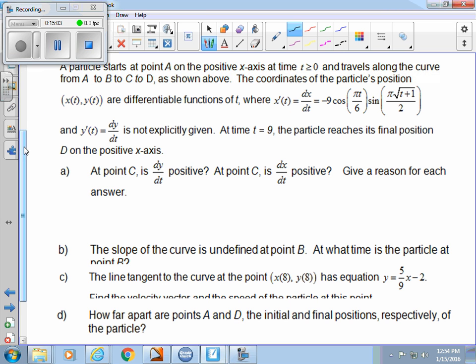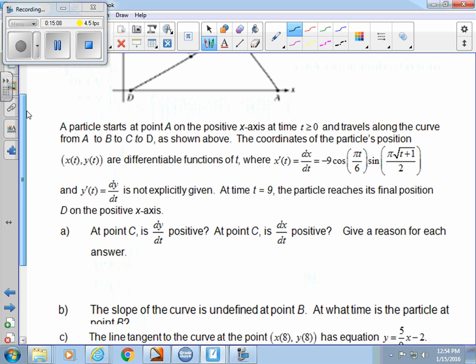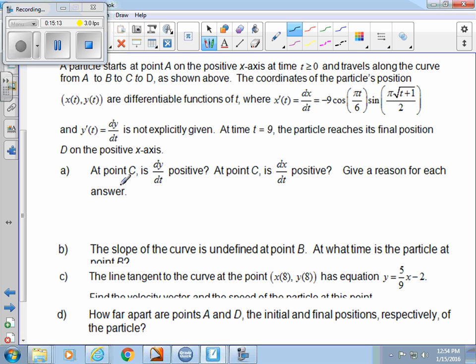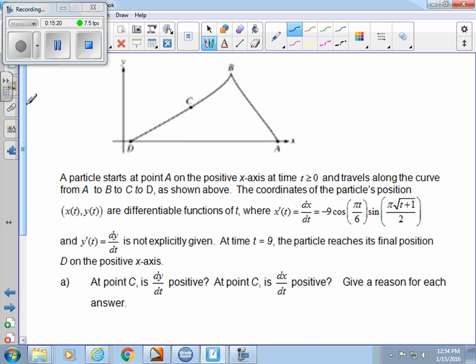Well, which way are we moving? We are moving left. It says a particle starts at point A on the x-axis and goes from A to B, B to C, C to D. So at point C, would you agree I am moving left and down? So both dy dt and dx dt are negative.